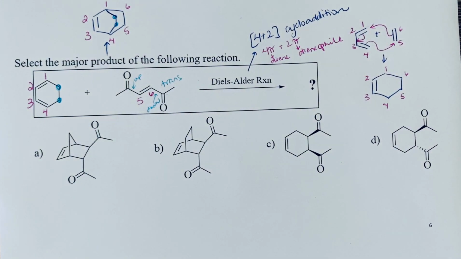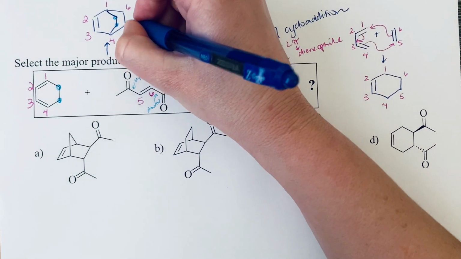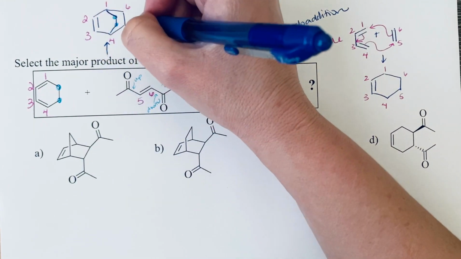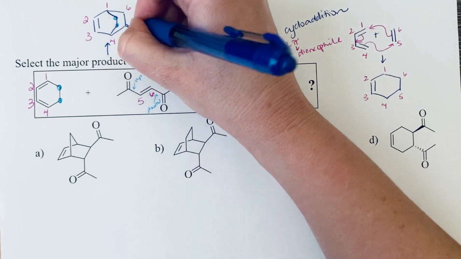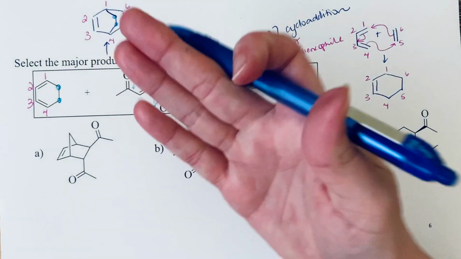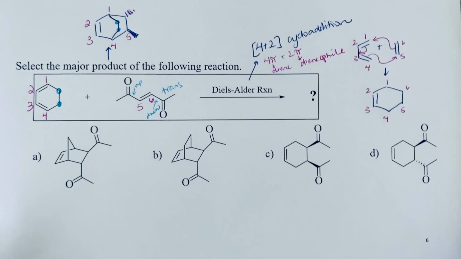All right, and so we want to make sure we have 1 bond pointing up and 1 bond pointing down in what we have up here. So we can show that in our kind of flat structure by using dashes and wedges. So it doesn't matter which one we make up or down, because this could actually flip over. So we'll just make one up and one down.